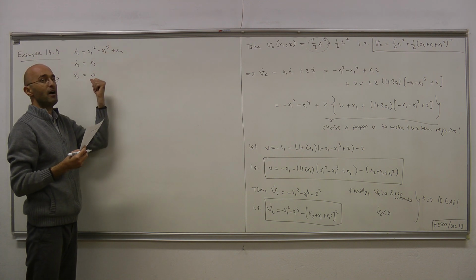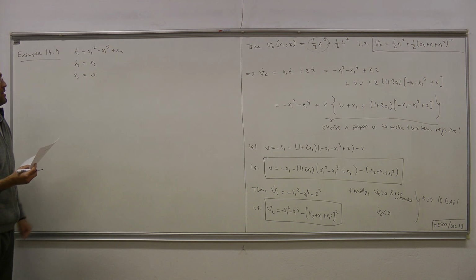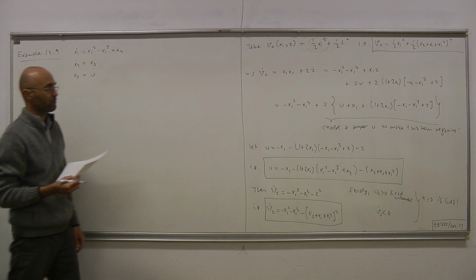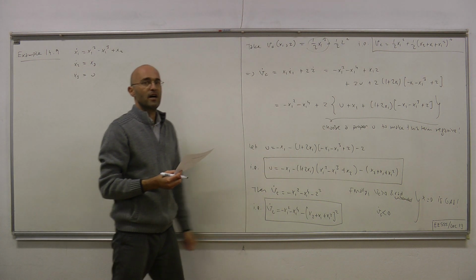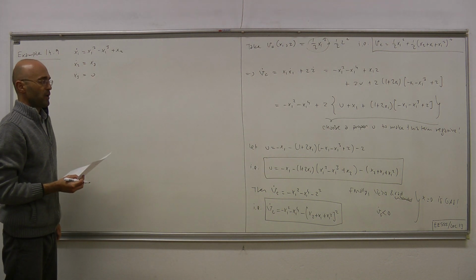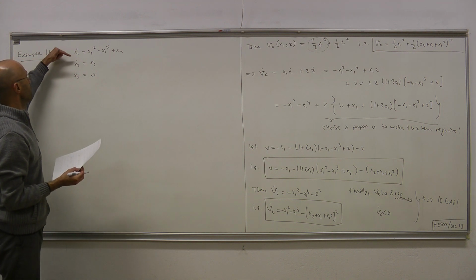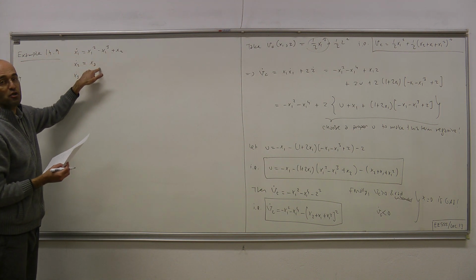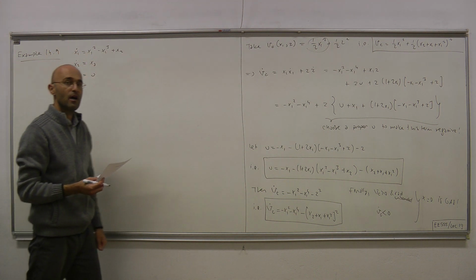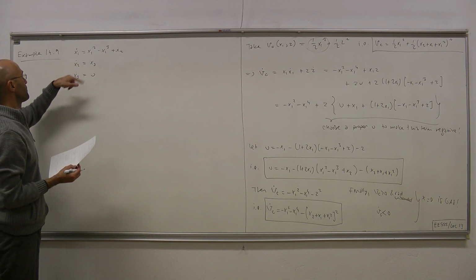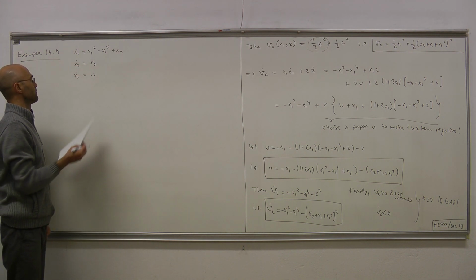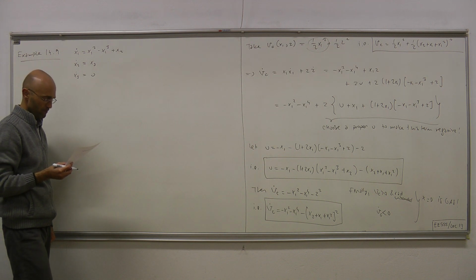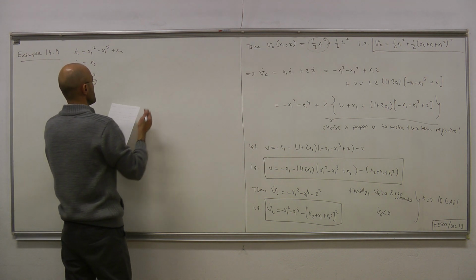Now we're talking about the third order system, and using our previous design, we will try to construct a feedback law in terms of x1, x2, and x3 that will stabilize the origin of the third order system.